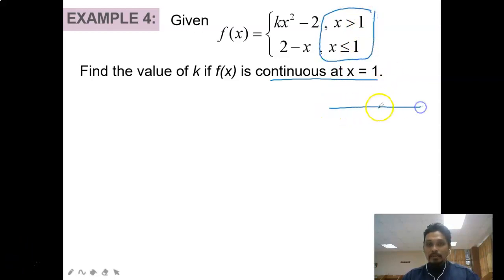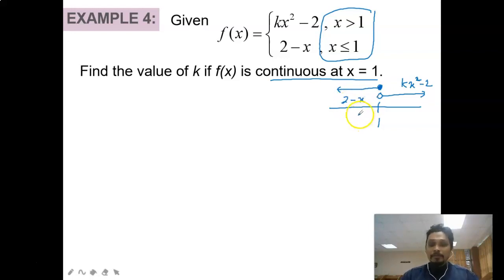It's a number line where x equal to 1. So x greater than 1, and this is a domain for kx squared minus 2, and then x less than or equal to 1 for the function of 2 minus x.